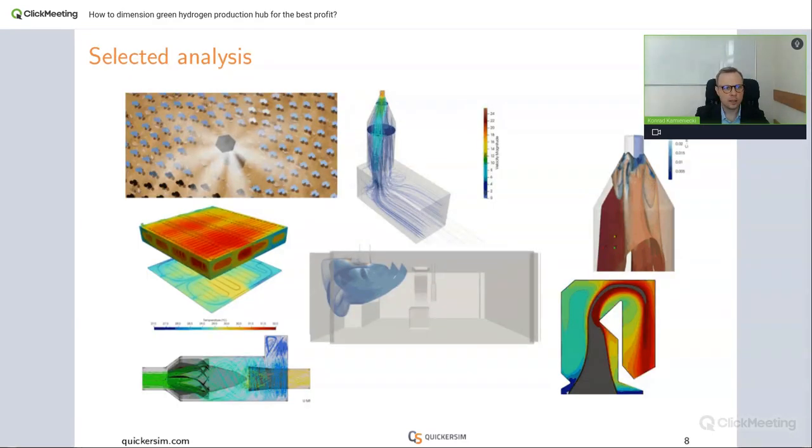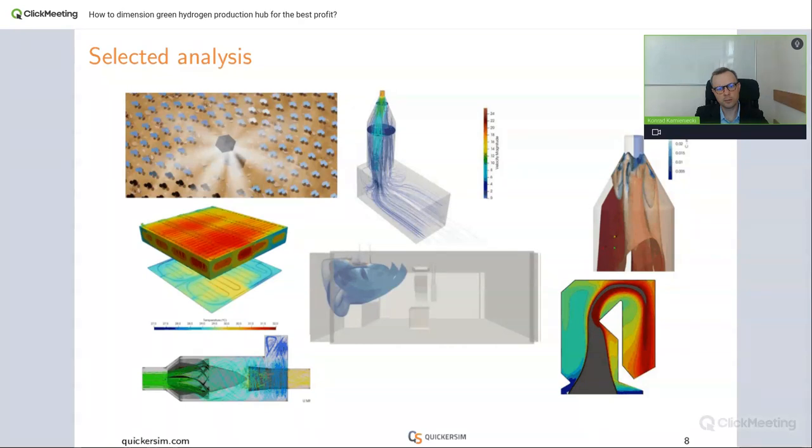To give you an idea what we are doing in the engineering area, those are various numerical simulations. For example, one of our projects was to design energy storage in the form of heat using solar power. So we had some mirrors radiating the energy.